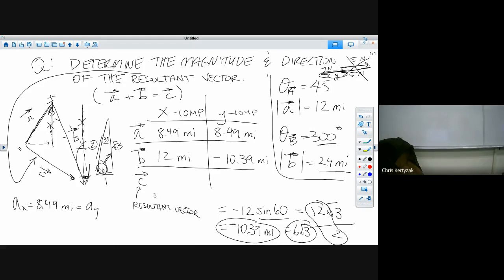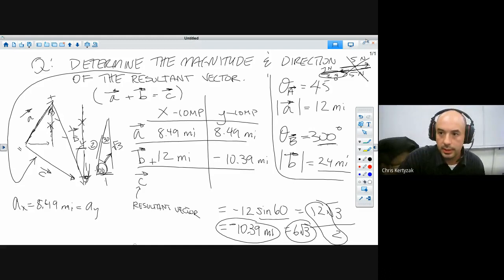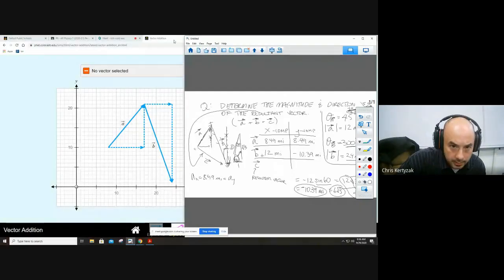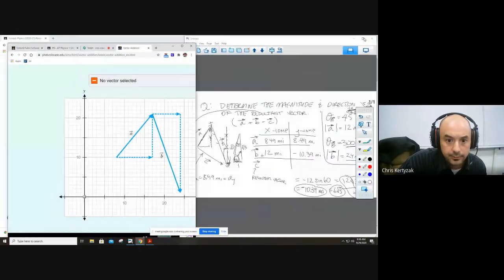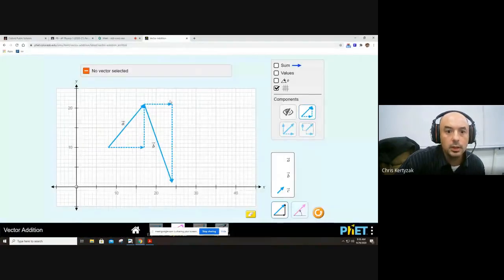All right, so now we're going to add. And the reason we're going to add, so that's super clear, is because if we're looking for what full distance this person walked horizontally, it's this distance plus this distance. That's the total eastward motion he had. We might call that the net x displacement.